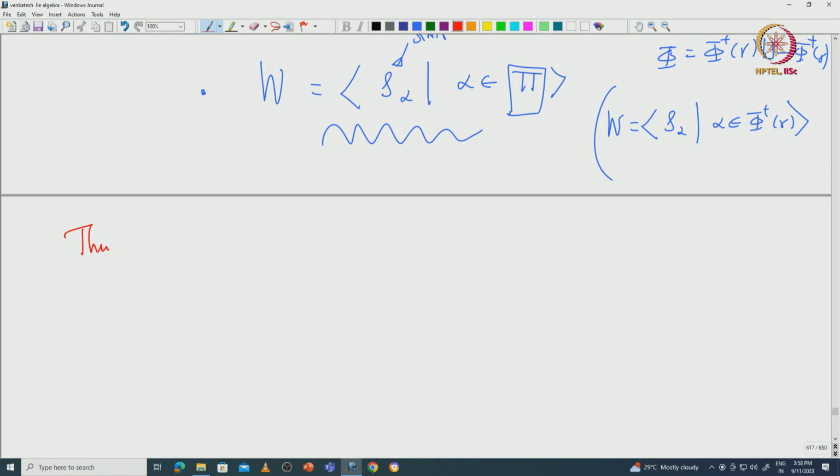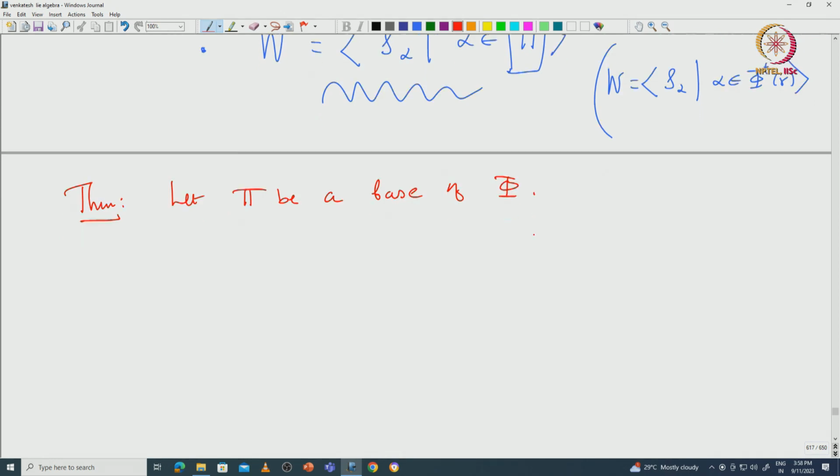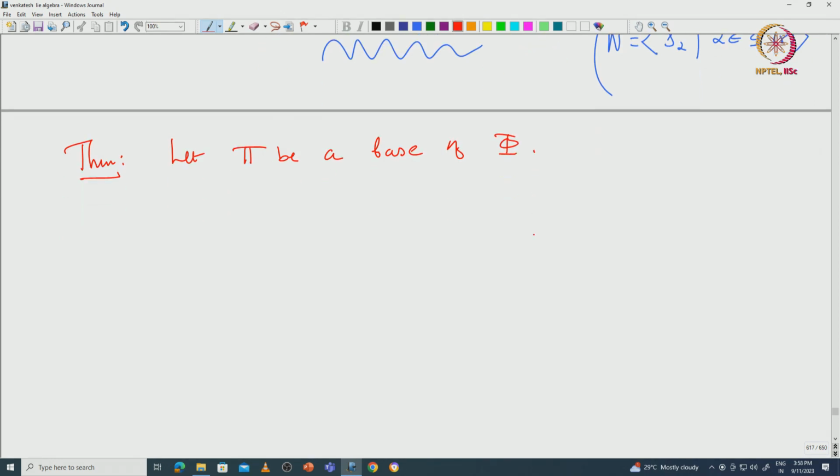So, here is the theorem. We fix bases. Let pi be a base of V. Then what do we want to prove? We want to prove that if you take any other base, then it must be W conjugate to this pi.